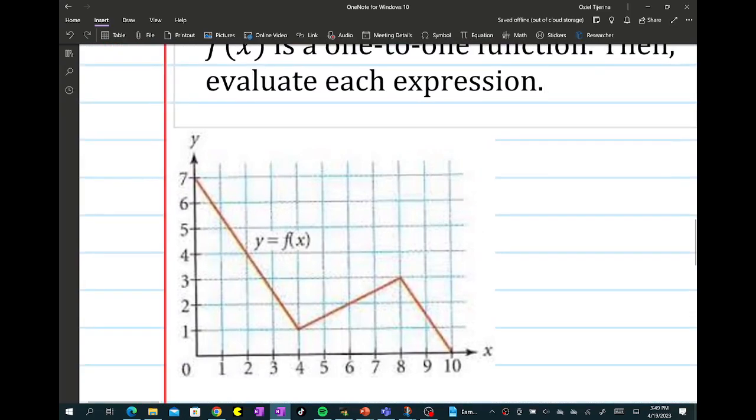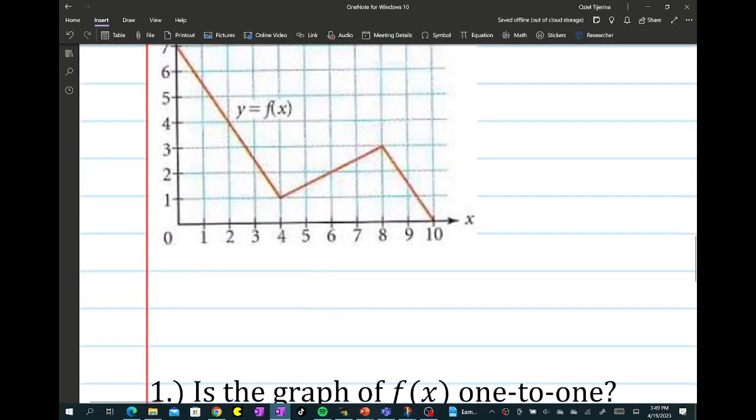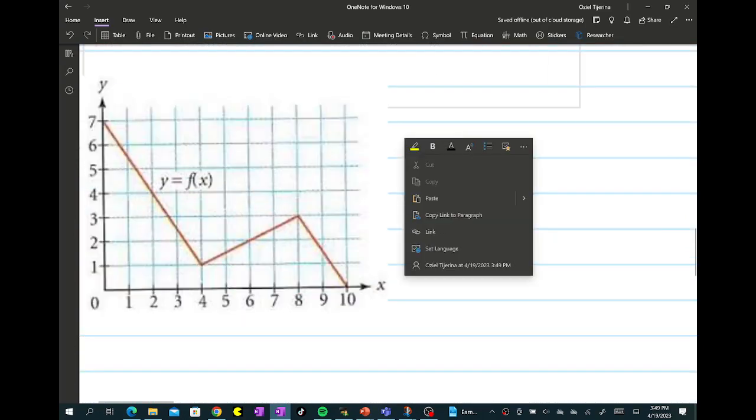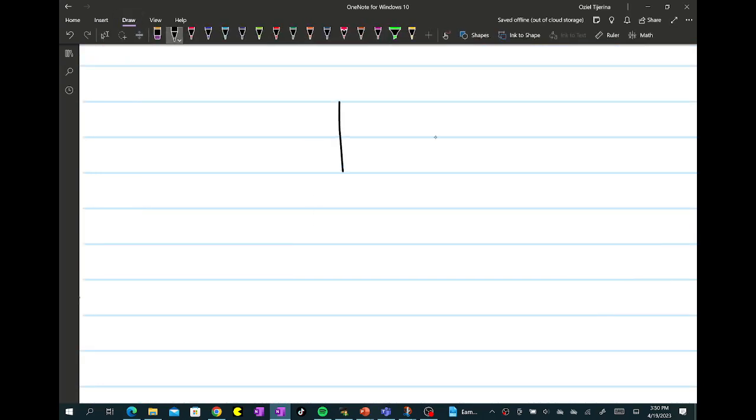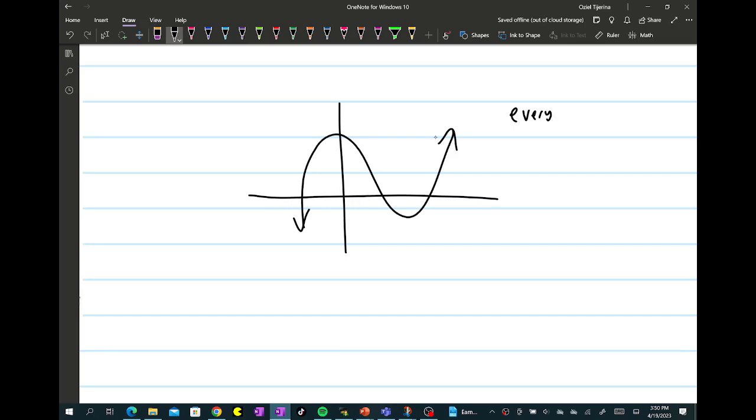What a one-to-one function means is, if I go over the definition very quickly, let's say we have some kind of curve here, and we want to know if this graph follows the horizontal line test, where every output only has one input.